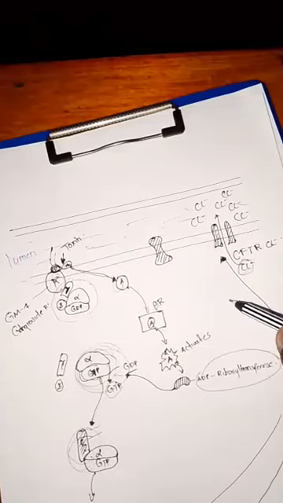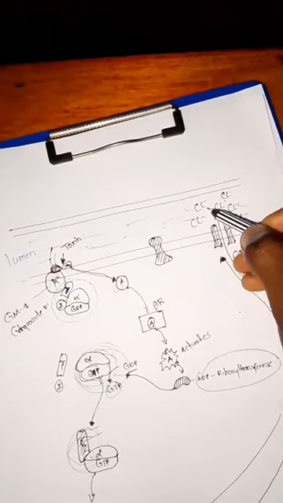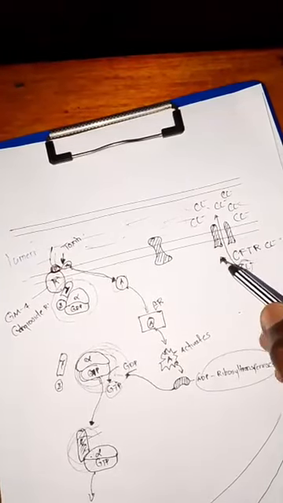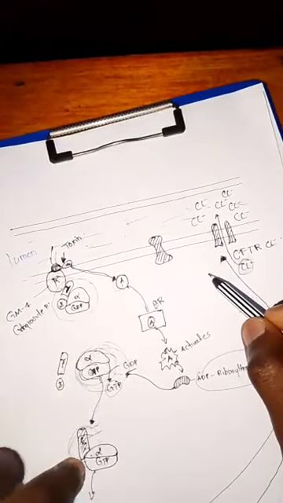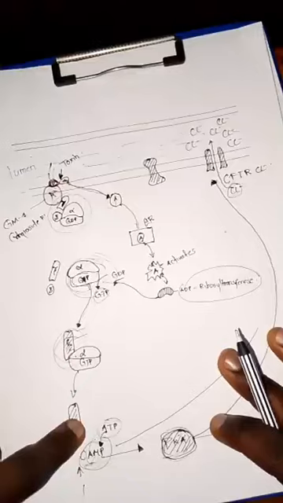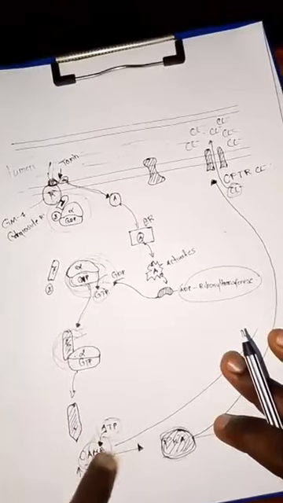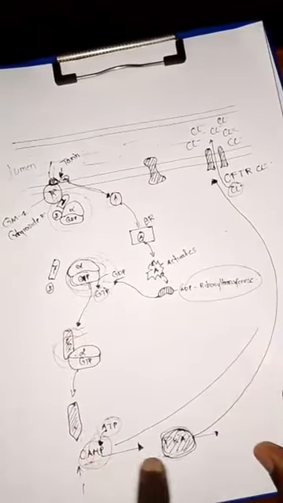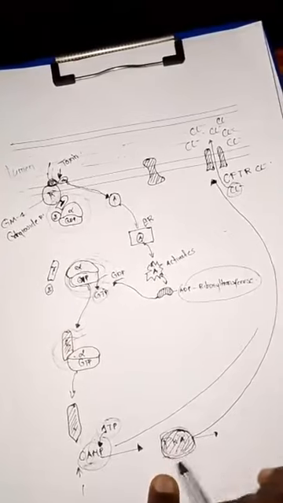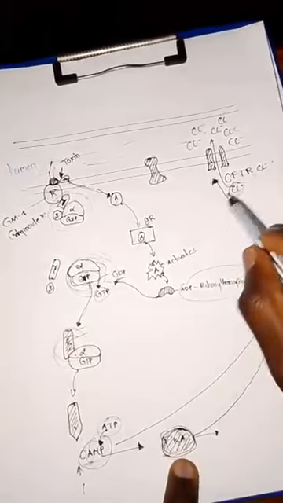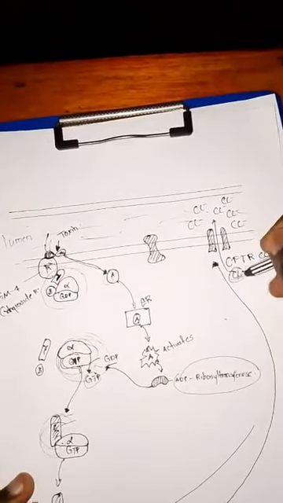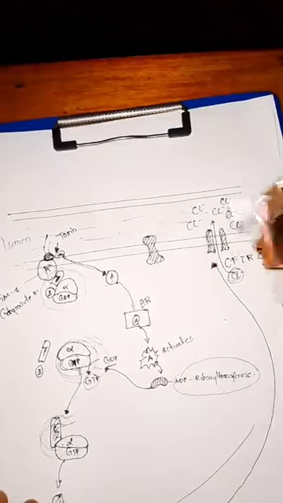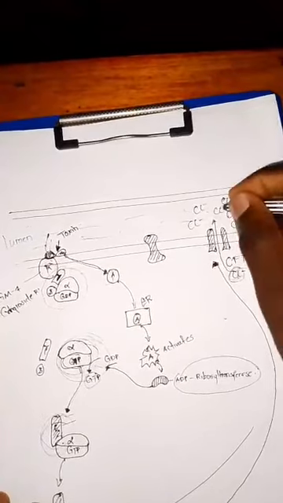So this chloride ion will start moving from inside of the cell into the lumen, because as long as this molecule is continuously activating this enzyme, causing the conversion of ATP to cyclic AMP, which is also continuously activating, this means that the protein kinase A will cause continuous activation of this channel, causing it to open and allow the flow of chloride from inside of the cell to the outside. So as this happens, the chloride ions will start moving into the lumen.